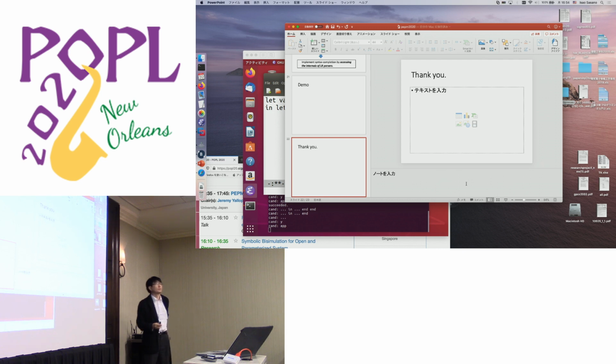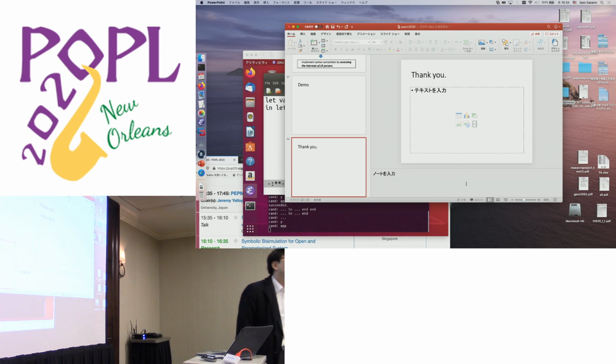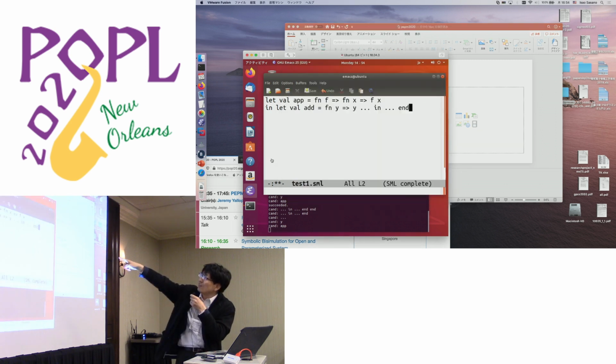Questions? Yes. It looks like the 3 dots actually are a placeholder. You mean these 3 dots? Yes, that's like a placeholder, right?